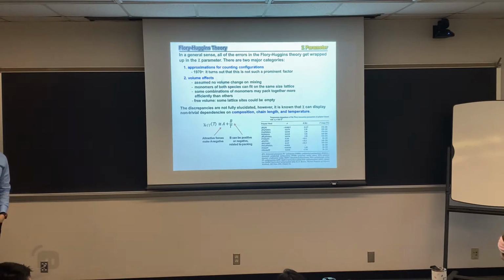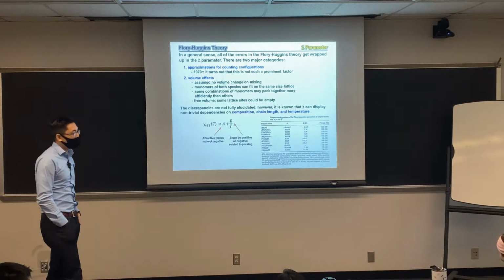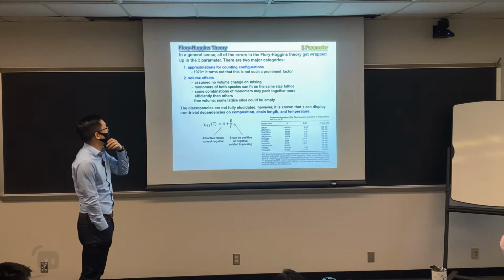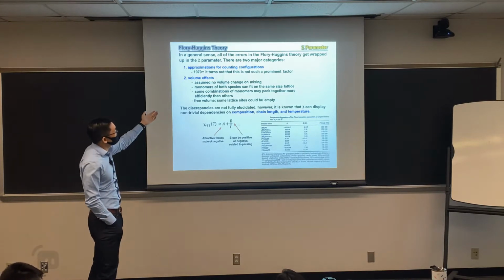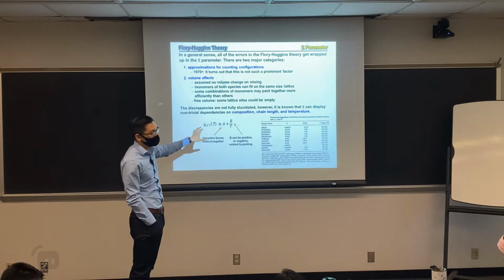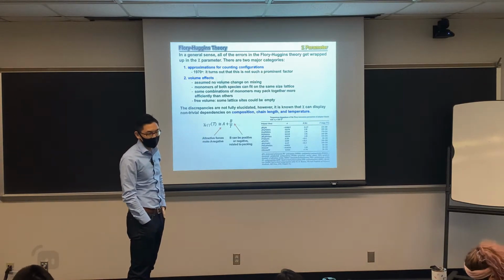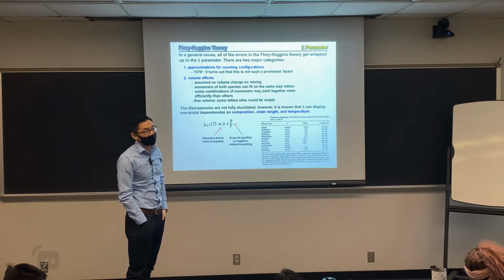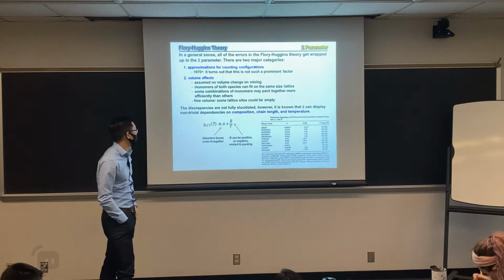Last but not least, a few minor points about limitations. First, in the theory, when we talked about it, we made a few assumptions, right? When we talked about lattice theory, we talked about how lattice distance and lattice parameter play a role.